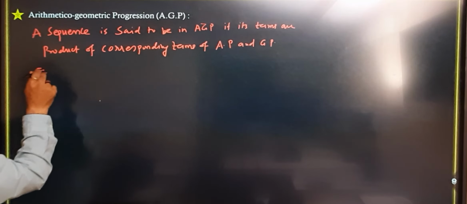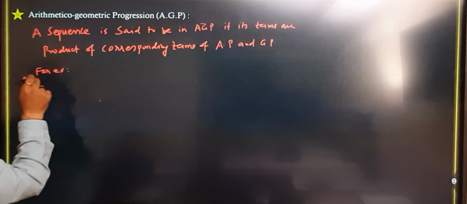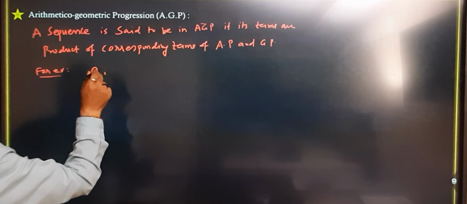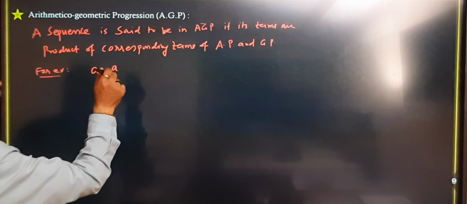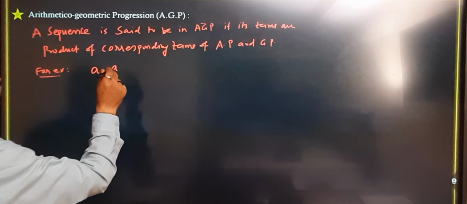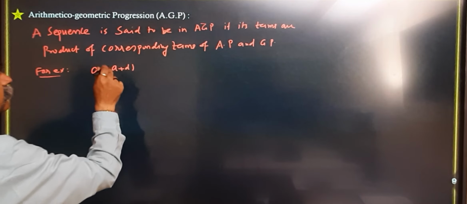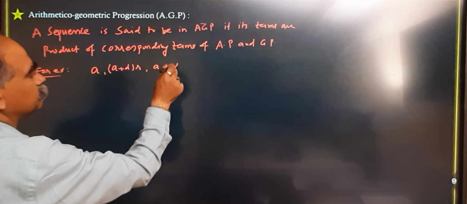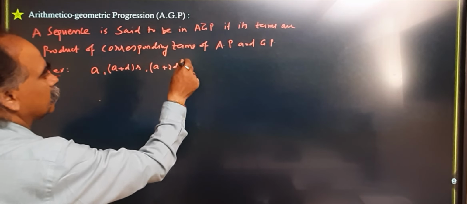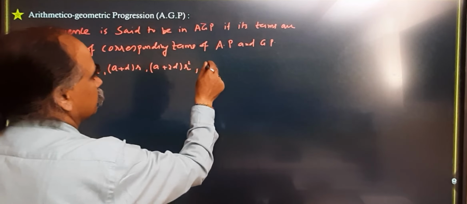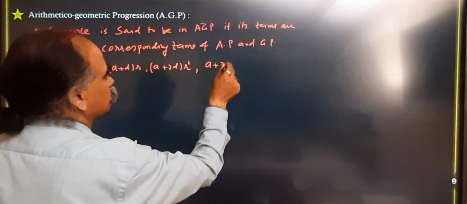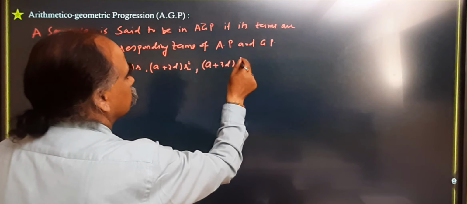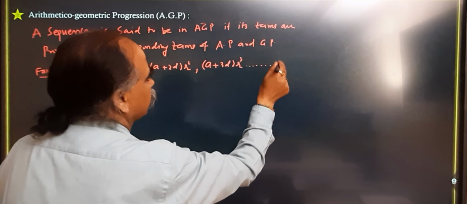For example, A, A plus D into R, A plus 2D into R square, A plus 3D into R cube, and so on.